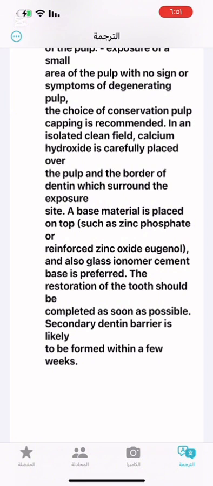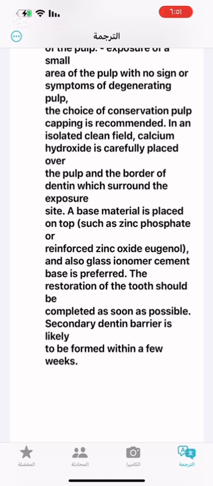Glass ionomer, calcium hydroxide. 4. Deep cavity with exposure of the pulp. Exposure of a small area of the pulp with no signs or symptoms of degenerating pulp.